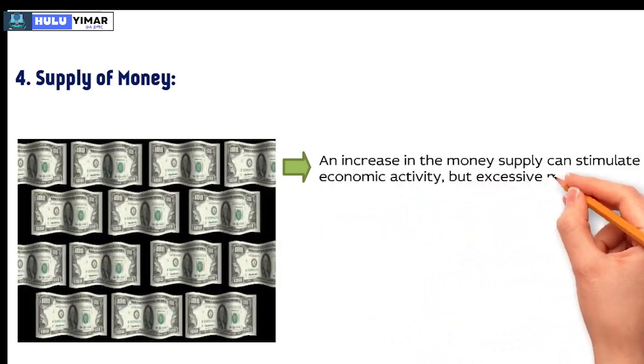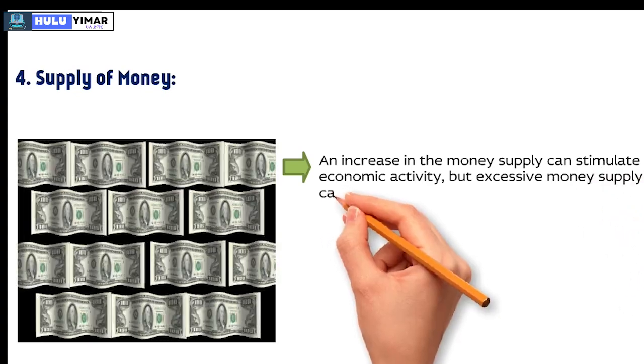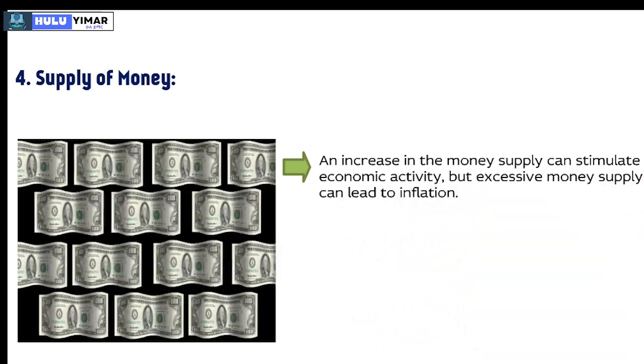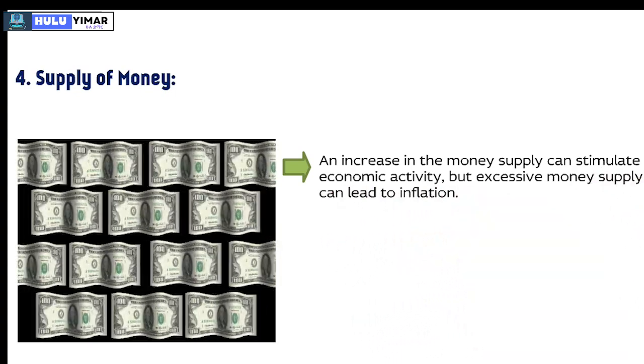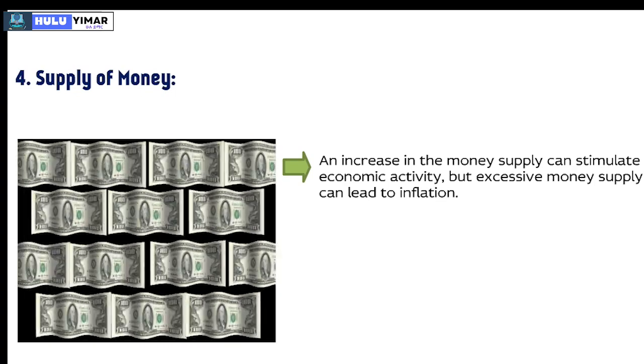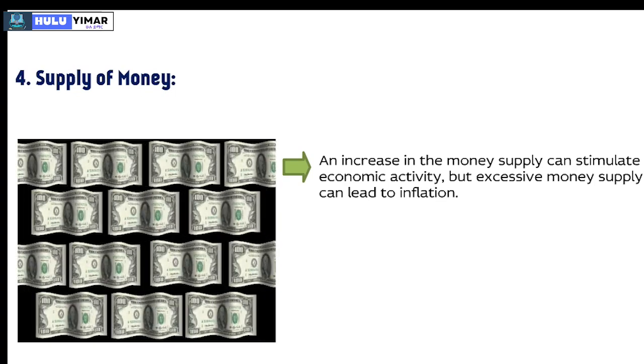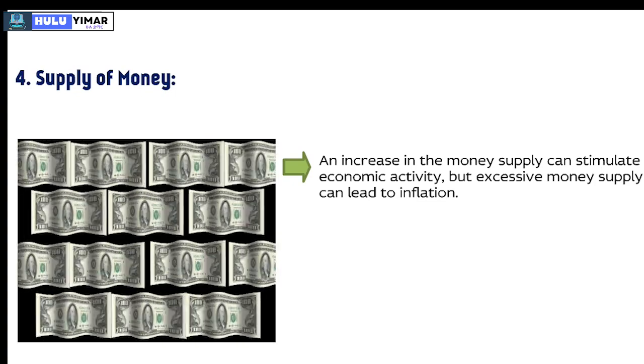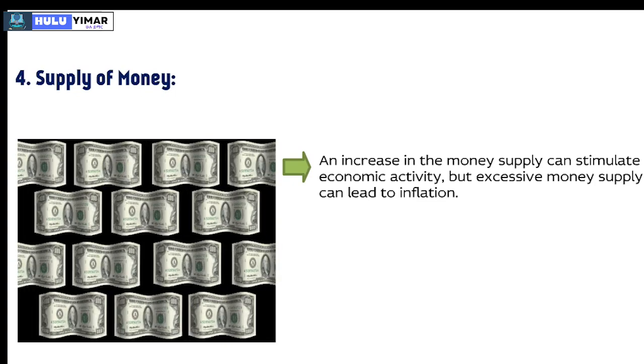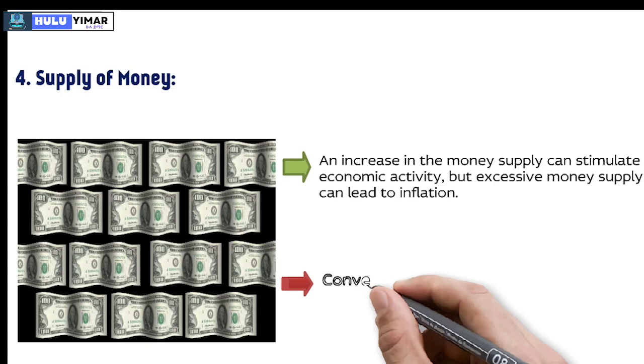In short, when we increase the money supply, this stimulates economic activity, but it should be optimal, otherwise an excessive supply of money to the market will lead to an inflationary issue.